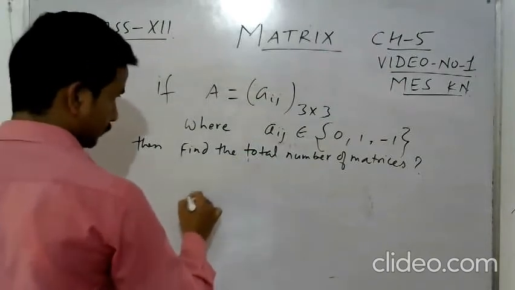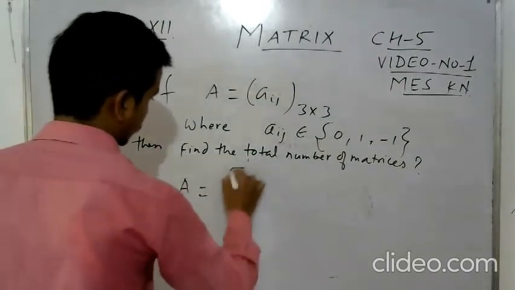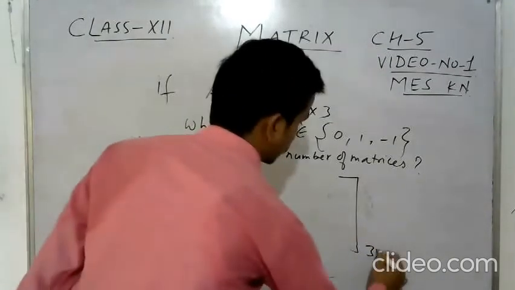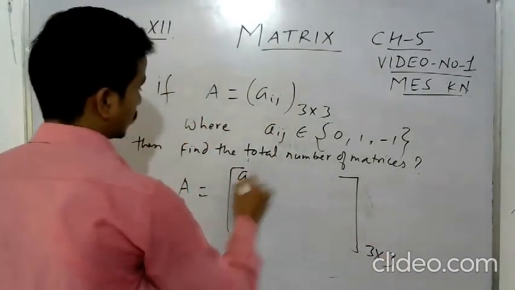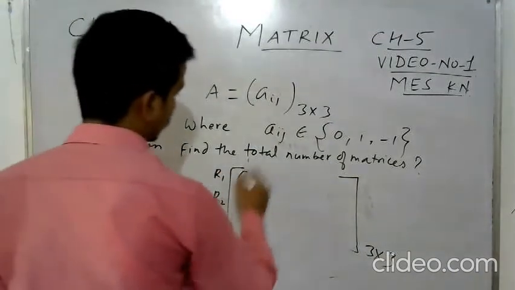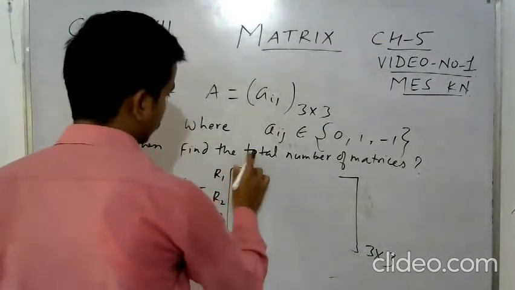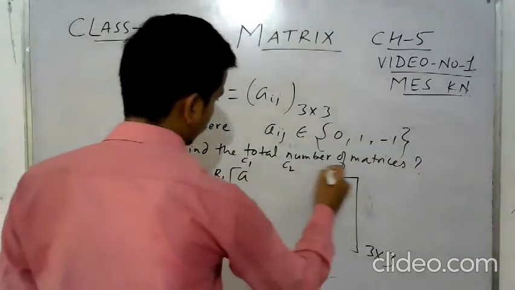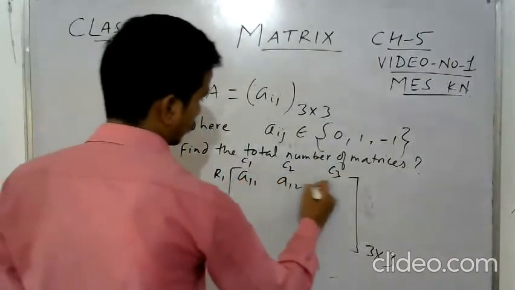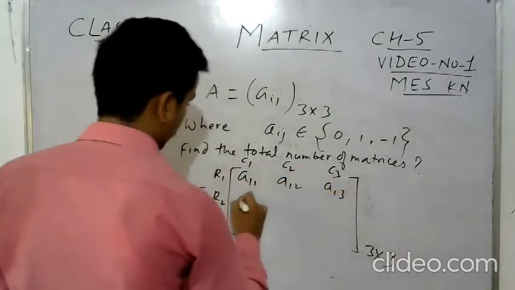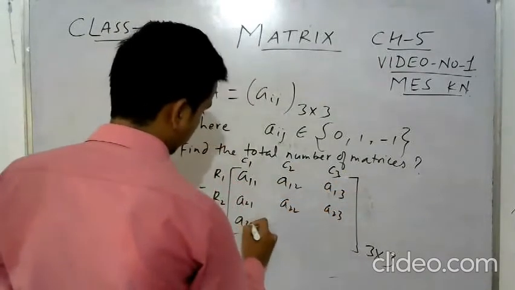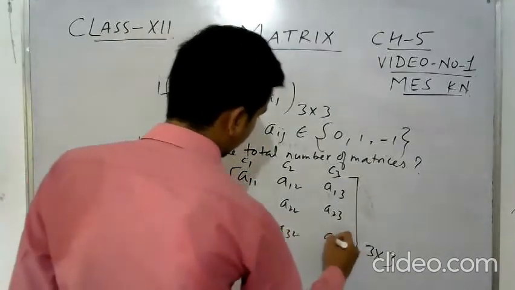First, we can write the 3 by 3 matrix as matrix A. In a 3 by 3 matrix we have 3 rows, and corresponding to that we have 3 columns. This is A11, A12, A13, A21, A22, A23, A31, A32 and A33. Okay.